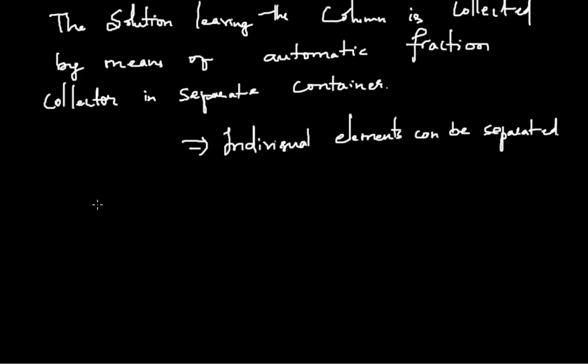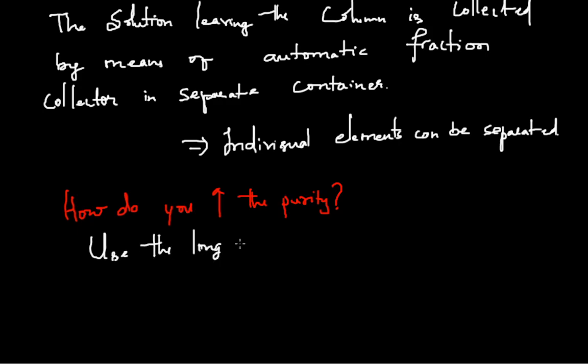Now, how do you increase the purity? A simple, day-to-day technique is to use a long column to avoid overlap of ions.